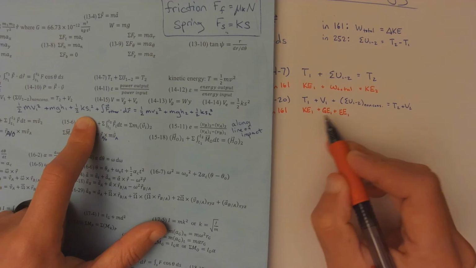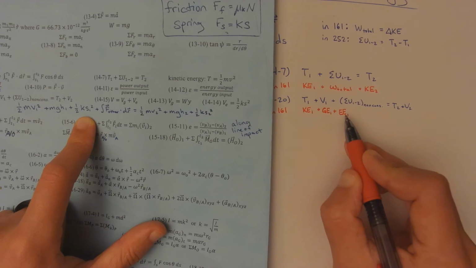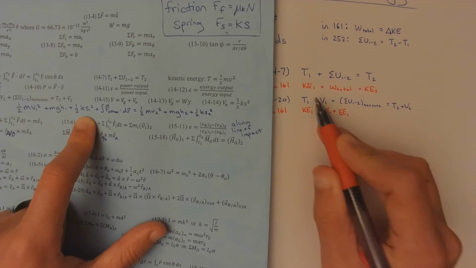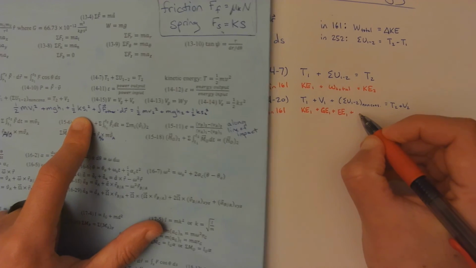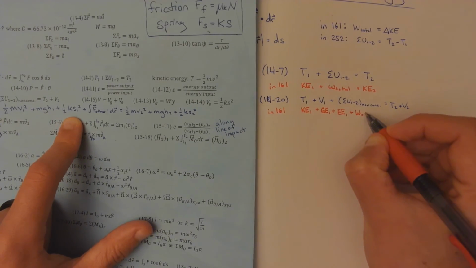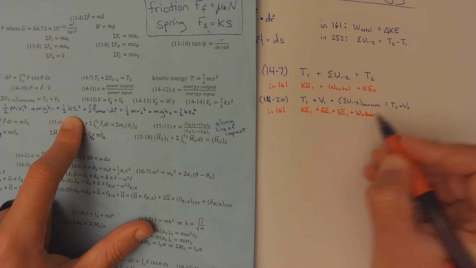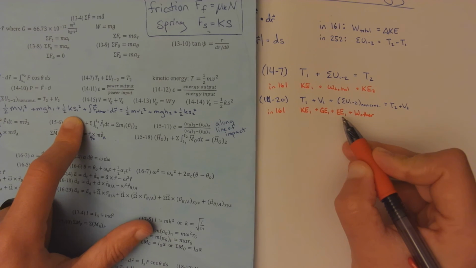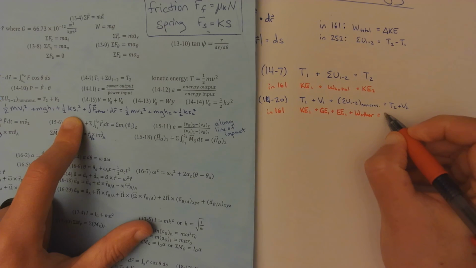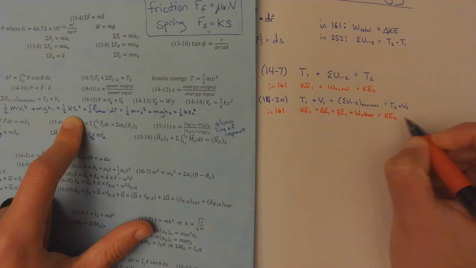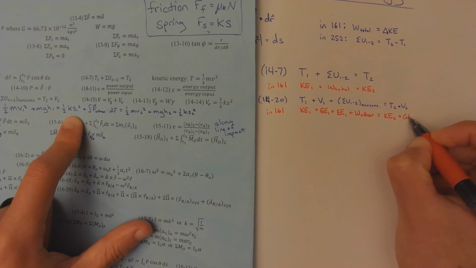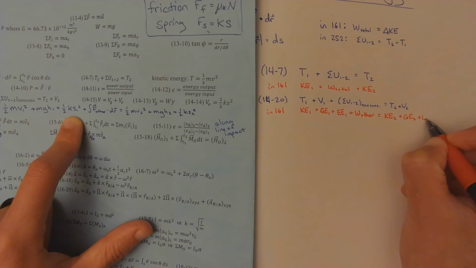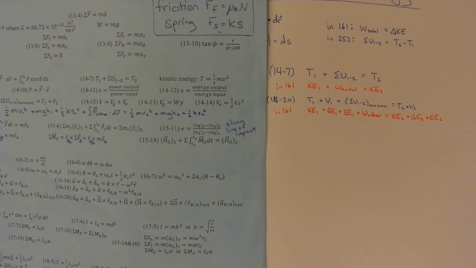So kinetic energy plus gravitational potential energy plus elastic potential energy, that's the T1 plus the V1, plus in Physics 161 this would have been work other, so work done by forces other than the gravitational force and the force of the spring, is equal to final kinetic energy plus final gravitational potential energy plus final elastic potential energy. Okay?